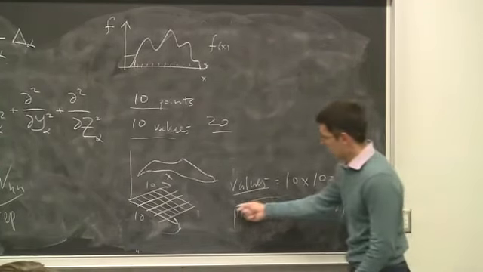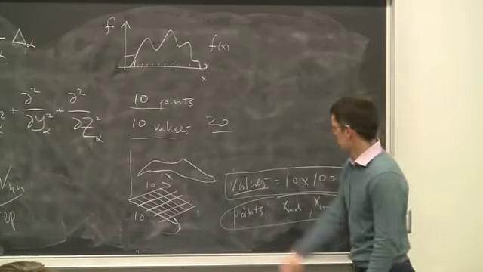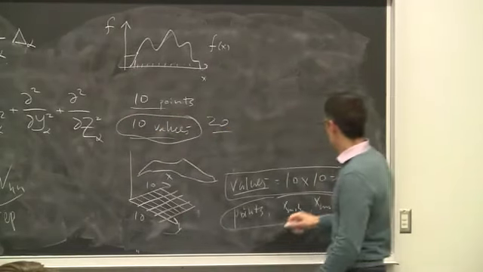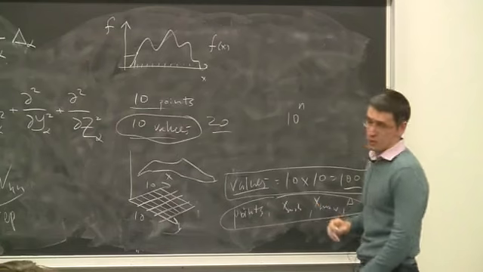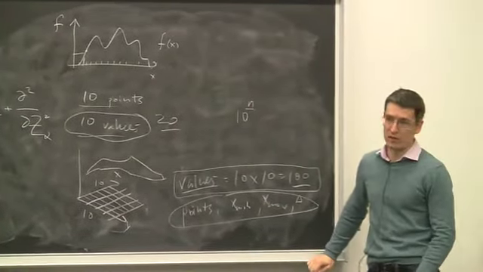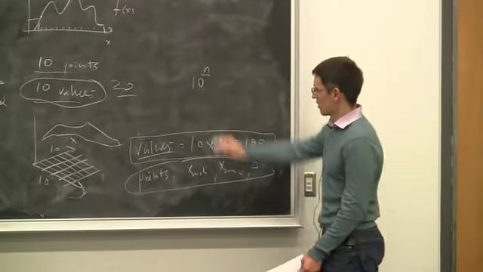So we may skip counting the number of points, but the number of values that you need to store from one dimension to two dimensions grows exponentially because the dimension goes into the exponent, right? The 10 is staying.